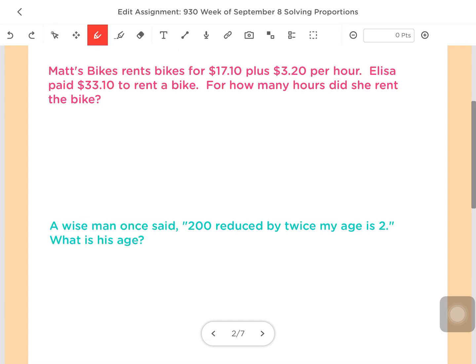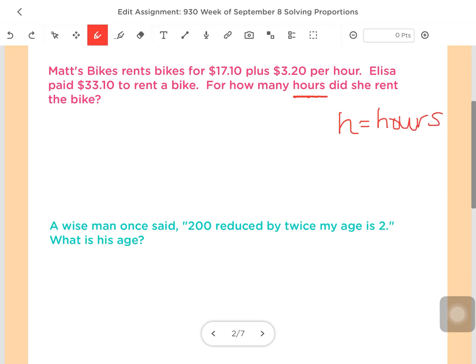So the first one is Matt's Bikes rents bikes for $17.10 plus $3.20 per hour. Alyssa paid $33.10 to rent a bike. For how many hours did she rent the bike? So since we're looking for the number of hours that she rented the bike, we're going to have H represent hours.